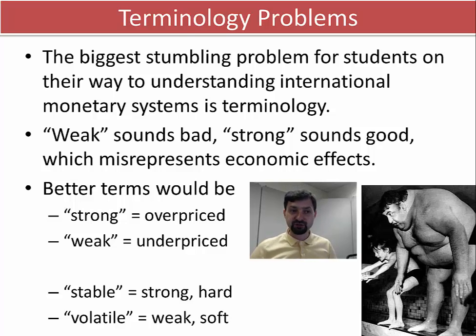The Russian ruble is often called a weak currency because it fluctuates a lot. Sometimes it's expensive, sometimes cheap, and it can change value in a matter of a day by 4 or 5%. In fact, that's what's been happening lately. And so it's less stable, as opposed to weak. Okay? So when we use the terms stable and volatile, we understand what that means. But when we say strong and weak, we use emotionally charged terms that are not really applicable here.